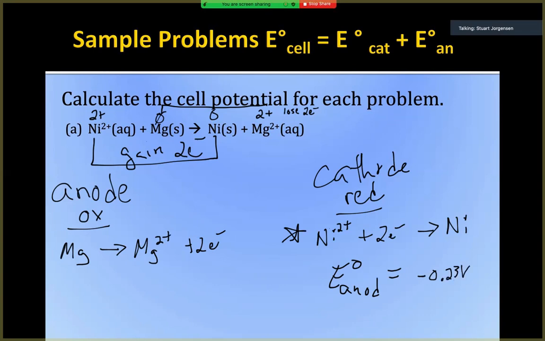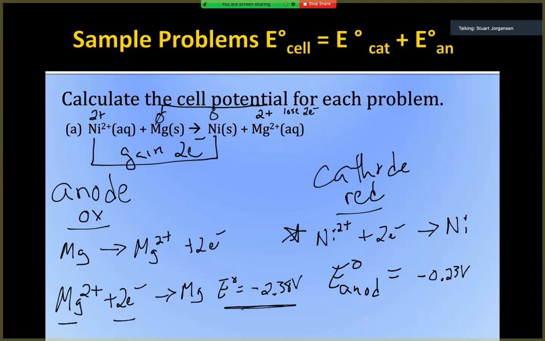But if we go to the oxidation side here, it's not written that way. In the textbook, it's written as Mg2 plus 2 electrons turning into magnesium. And that has a cell potential. So for that reaction, E naught would equal, let me look at my text real quick, negative 2.38 volts. Well, okay, this is how much we're saying this wants to gain it.